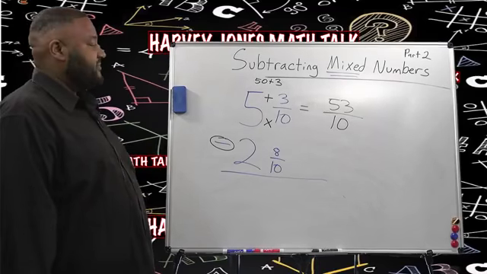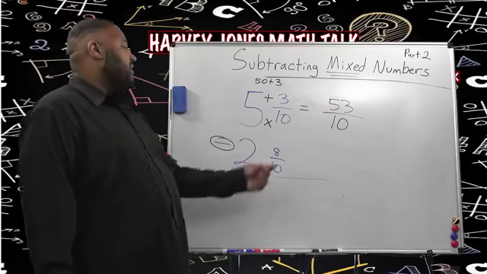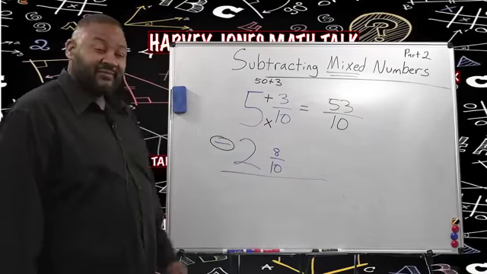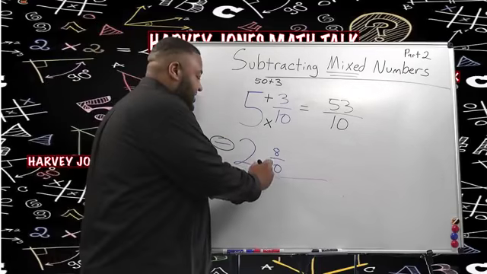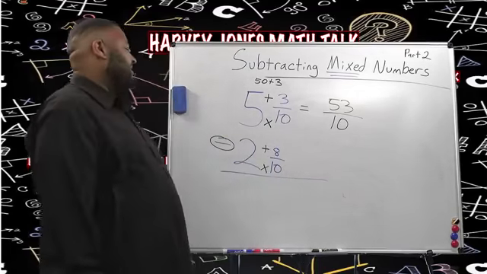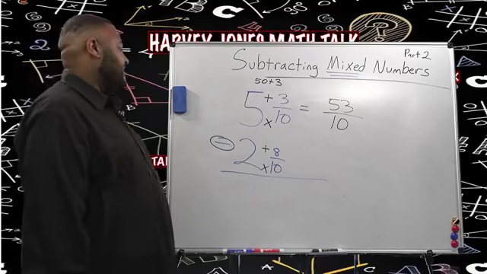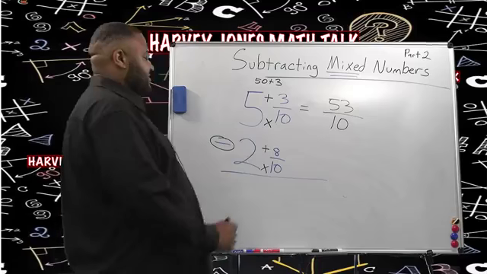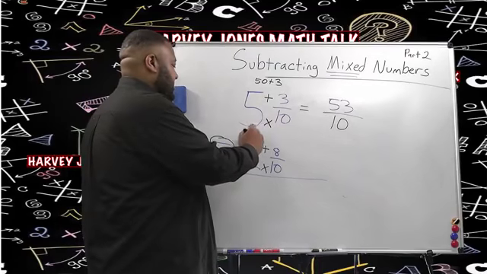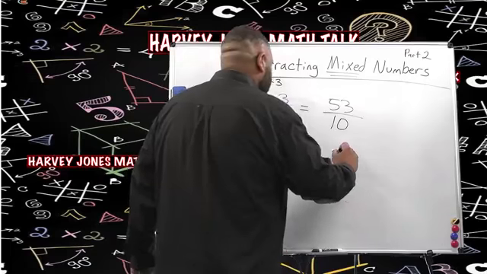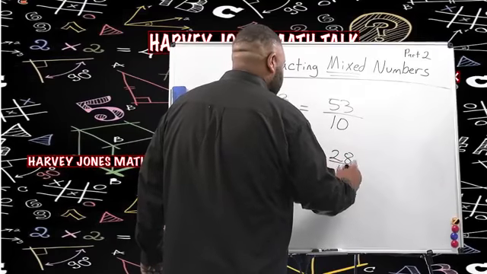What did I do? I multiplied, then I added. So we're going to do the same thing here. 10 multiplied by 2 is 20. Plus 8 is now 28 tenths.